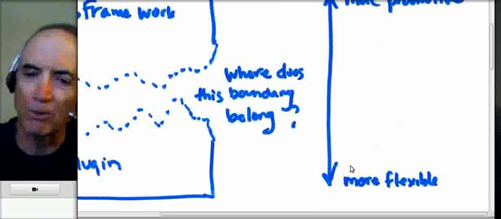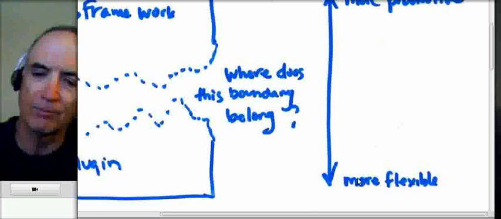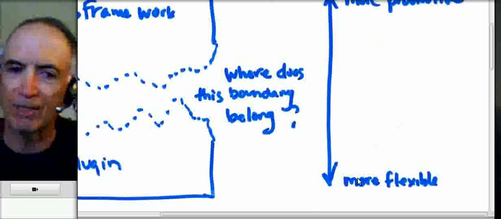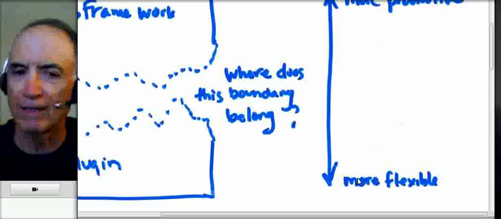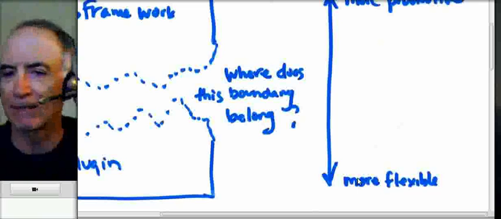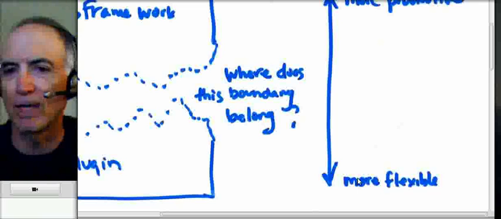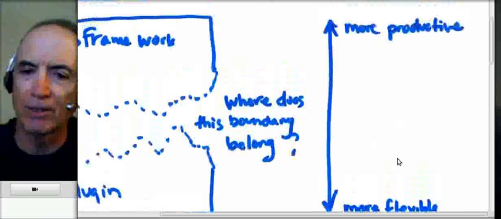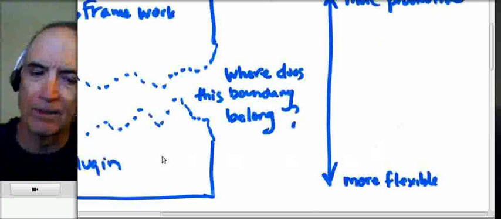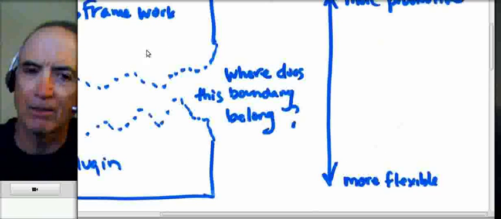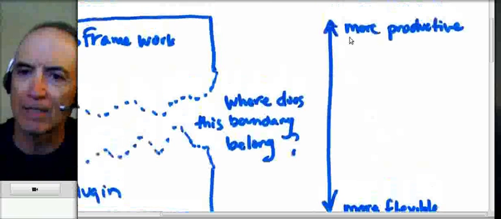So we don't want to go too far that way, or the plugin author will say, gee, I can't really do anything within this framework. It's so constrained. It's so limiting. I can't really accomplish anything creative, and they'll lose their interest. On the other hand, if your framework doesn't provide enough support, they'll say, gee, this framework is so thin, I have to do all the work myself, and it doesn't make me more productive.